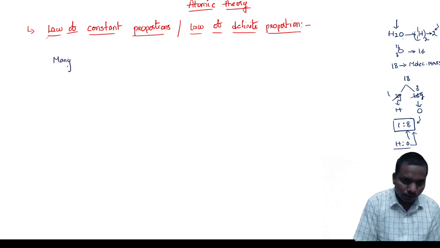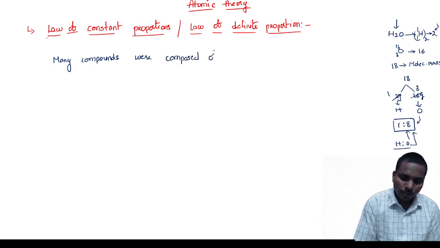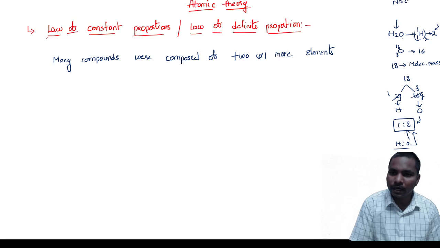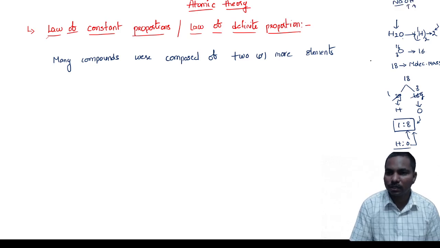Many compounds are composed of 2 or more elements. For example, in NaOH, sodium, oxygen and hydrogen, 3 elements are there.